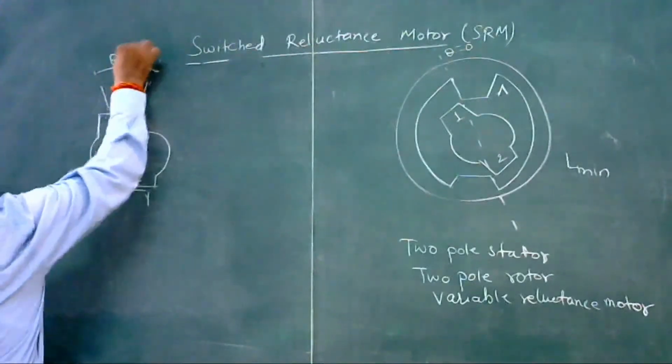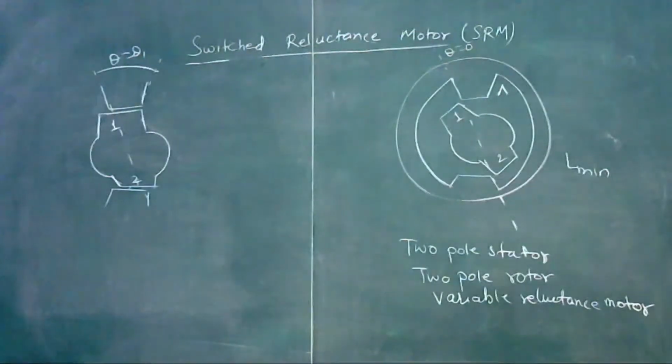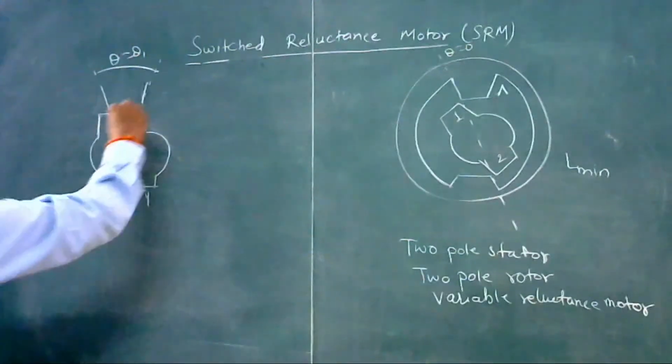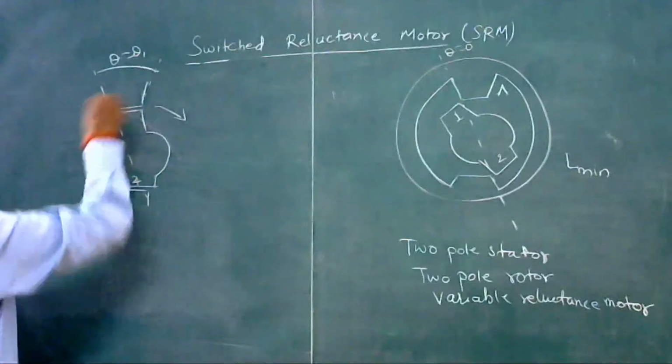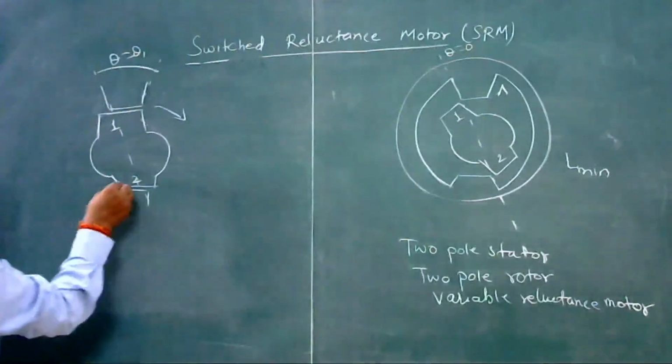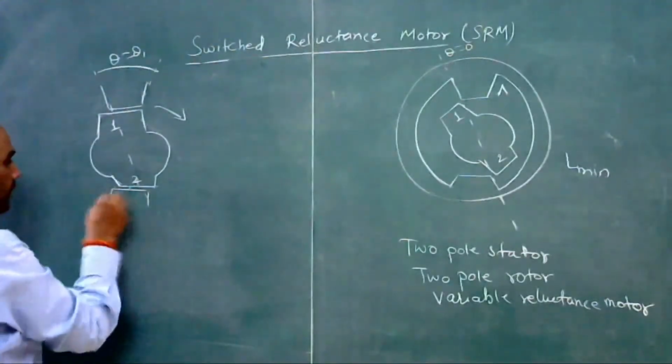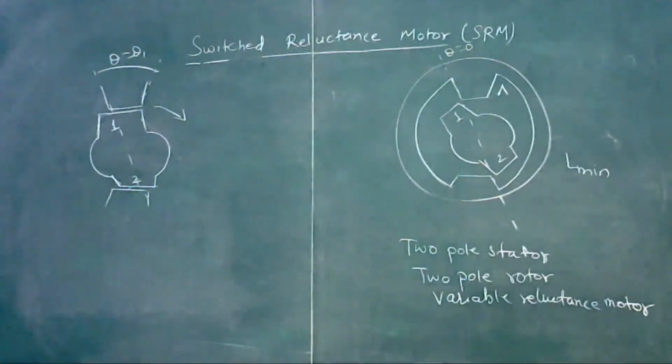Theta is equal to theta. Okay, so the rotor rotates in clockwise direction, and there will be a minimum air gap between the stator and the rotor. The pole phase overlap and reluctance is seen to be minimum.